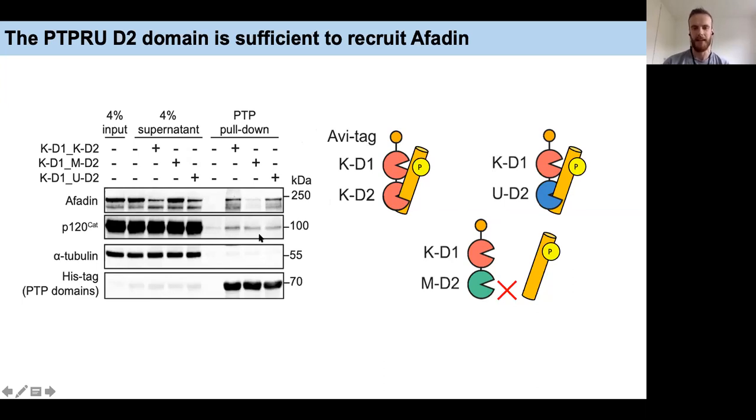Importantly, in subsequent experiments, we showed that recruitment of these substrates by the D2 domains was sufficient to allow dephosphorylation by the PTPRK D1 domain. But obviously in the context of PTPRU, where the D1 domain is inactive, you're not going to get this dephosphorylation occurring.